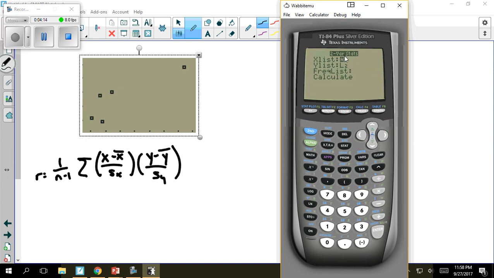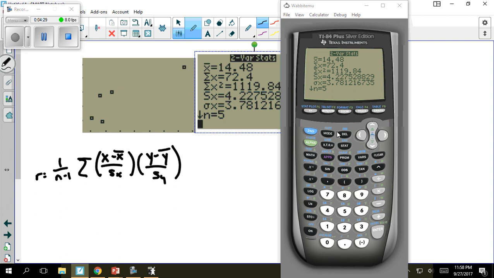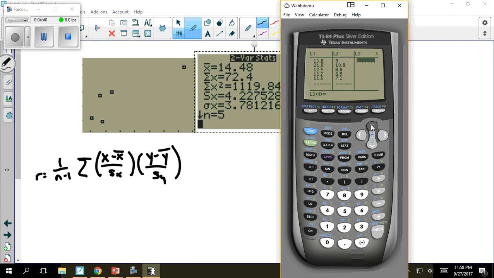It says L1 and L2. That's great. If you were using an older TI-83 or 83 Plus calculator, you wouldn't have this menu, but it would default to using L1 and L2 unless you told it otherwise. So hit enter a couple of times and I get this summary data. The down arrow shows me there's some more down here, including the mean of y and the standard deviation for y.